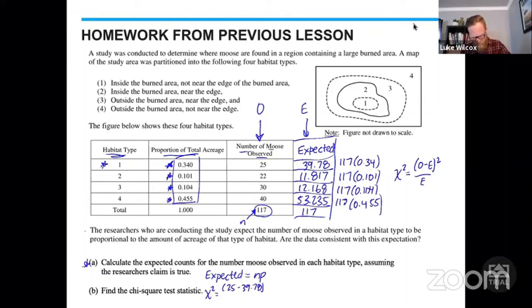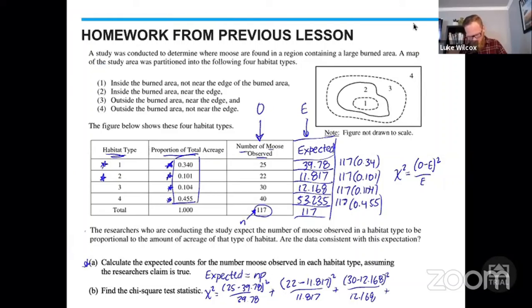39.78 was the expected. Plus, we'll go to habitat type 2, where we had 22 observed moose, where we expected 11.817. And then the third habitat type, we had 30 minus the expected 12.168.